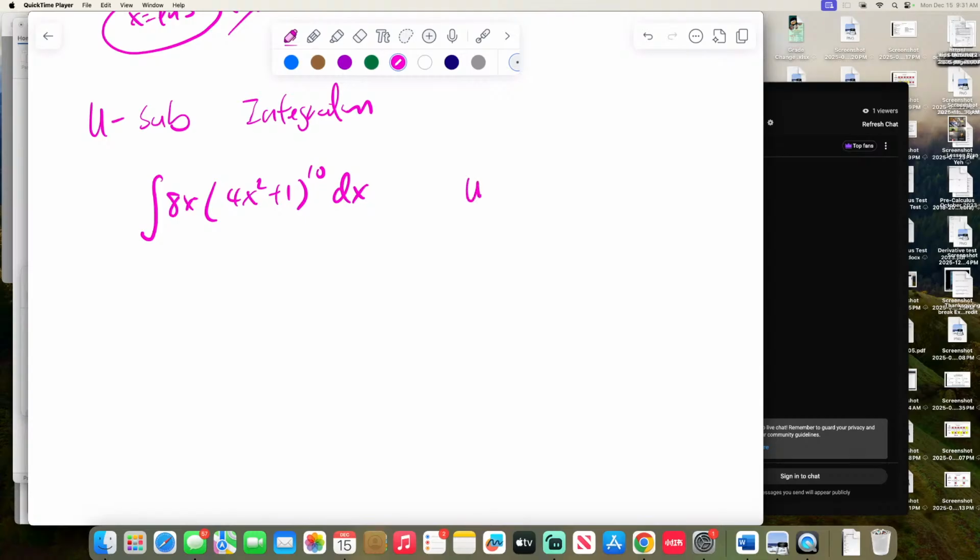You want to set u equal to what's inside a parenthesis, where the parenthesis is usually to a power other than 1. Sometimes it can be 1, not preferably, but usually the power is not 1.